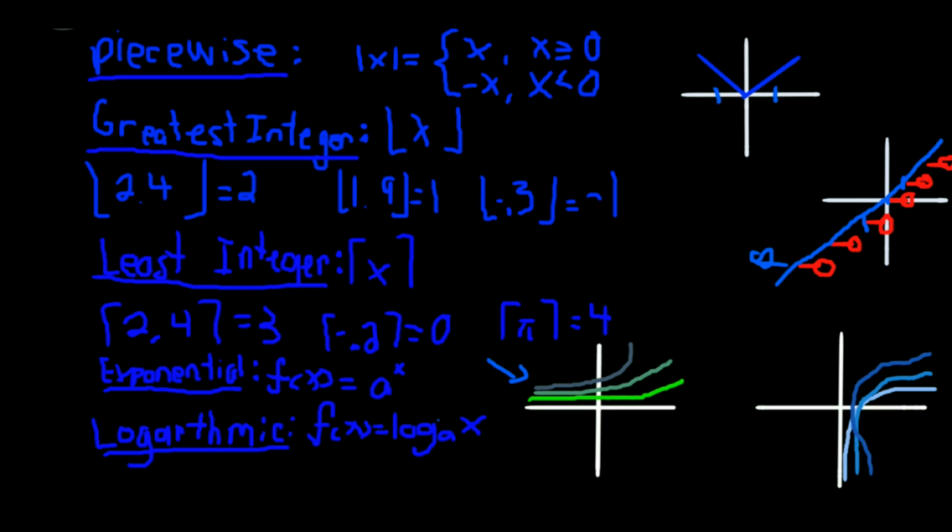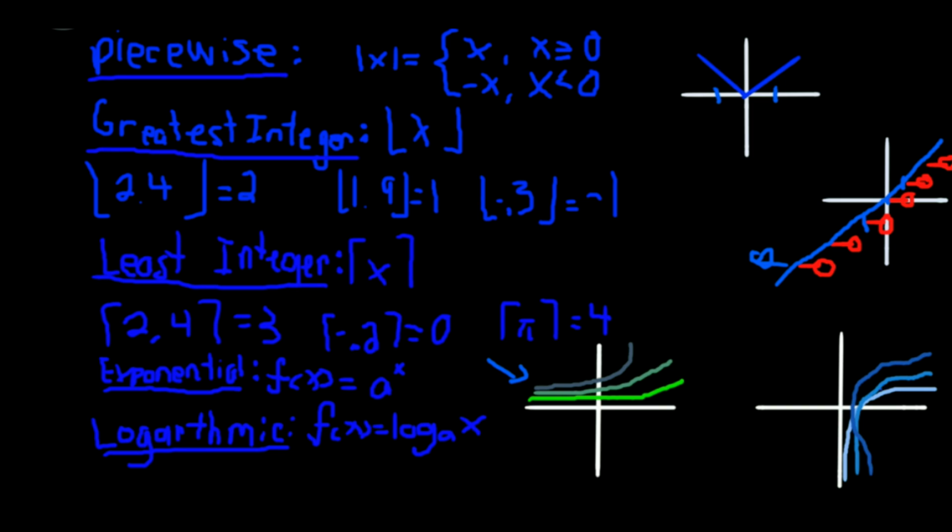Logarithmic functions, f of x equals log base a of x, and just a little tidbit on your calculator, base a is almost always going to be equal to 10. So in this we have, that's the example all the way on the right there, and the one closest to our x-axis and the lightest is log base 10 of x, and you can see that stays a little bit closer to our axes along the y down in the fourth quadrant, and in the first quadrant it is closer to our x-axis, and then you can see these start to push further away as we decrease our base number.